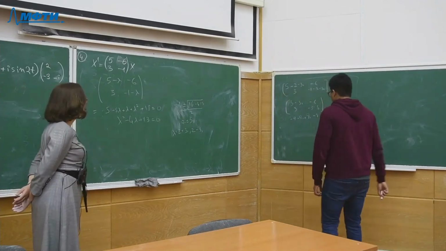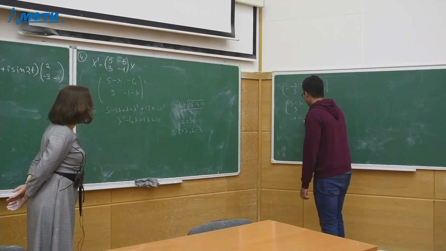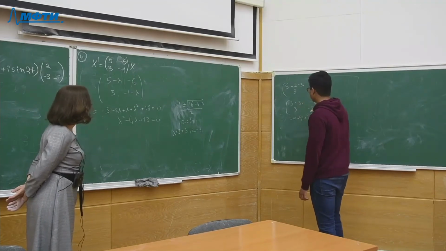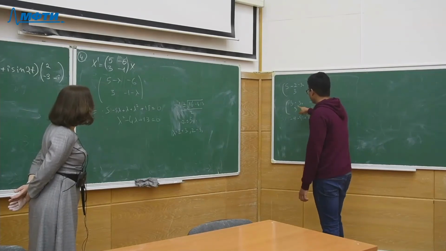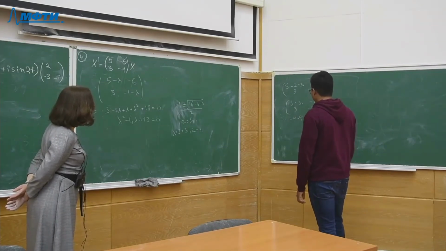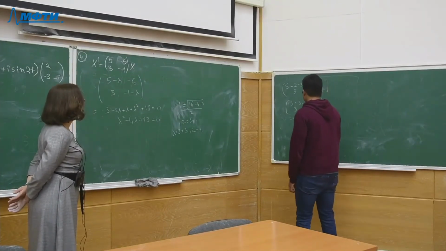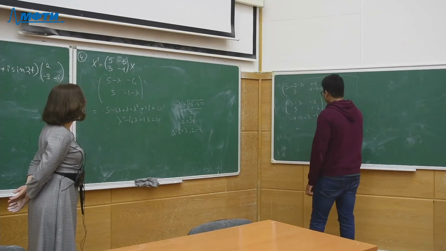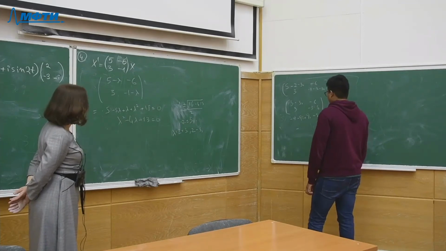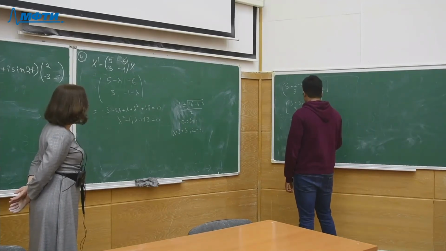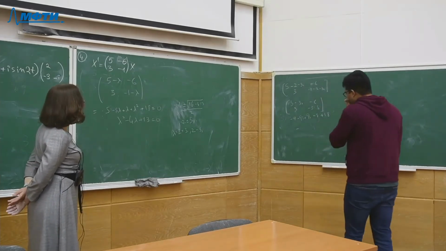What does it mean? Minus 9, minus 9i, multiply. Minus 9, minus 9i, plus, all right. And the last is minus 9, plus 18, correct. Minus 18. So it's 0. Okay, 0.